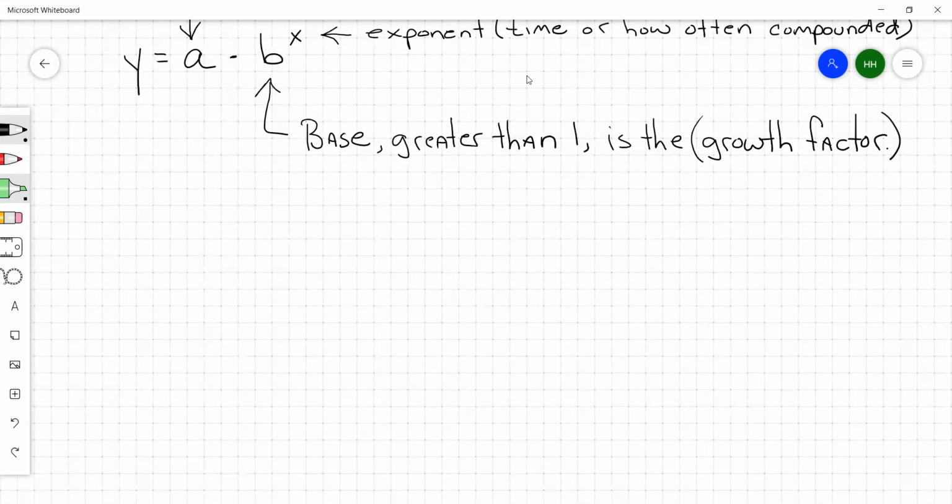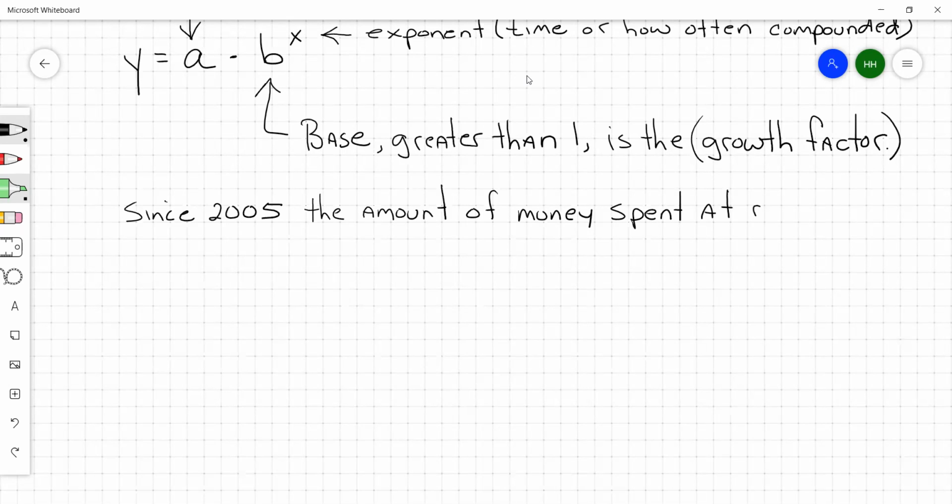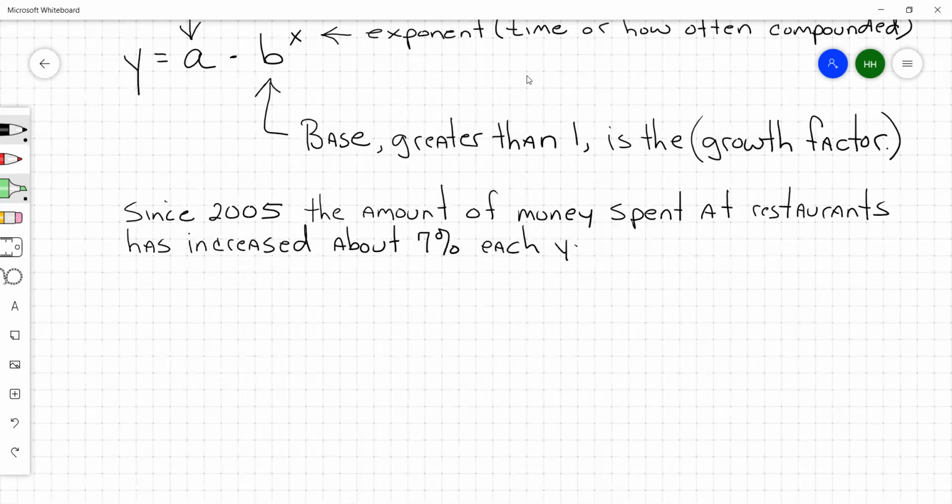So we're going to say here, it's a little bit of writing on this problem. Since 2005, the amount of money spent at restaurants has increased about 7% each year. Each year also means annually.